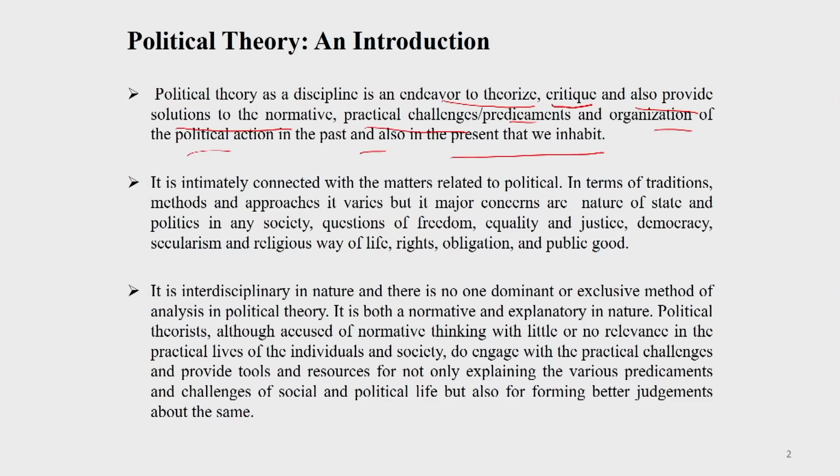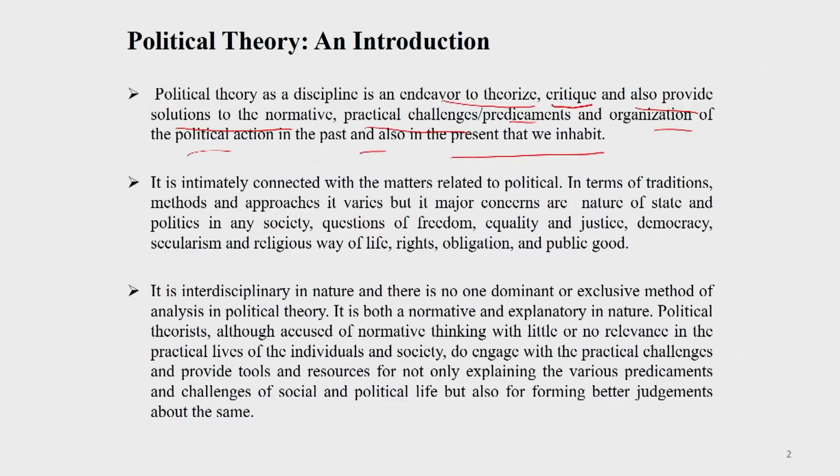Then the inherent tension in political theory is the normative concern on the one hand and the practical challenges and predicaments on the other. In any society, whether in the past or in the future, political theory tries to provide a theory or explanation or critique to the normative as well as the political challenges.